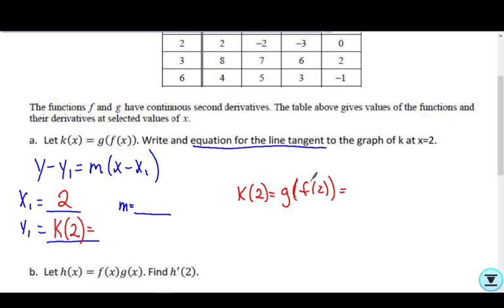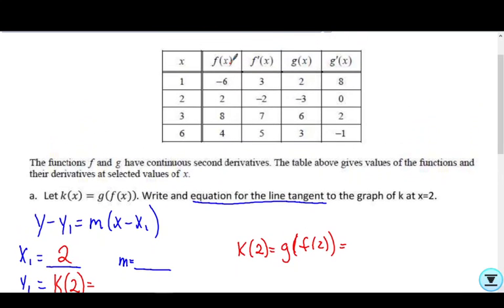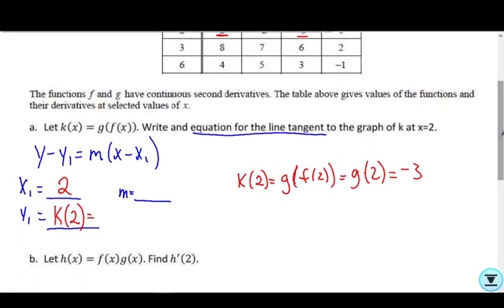What's f of 2? We come up here to the chart, and f at 2 is 2. So this is g of 2. Plugging 2 into g, g at 2 is negative 3. So y1 is negative 3.